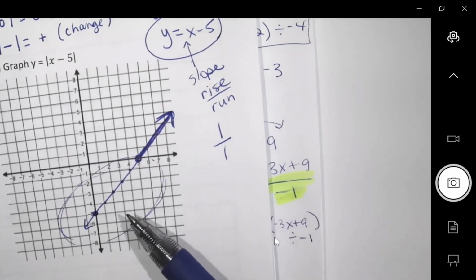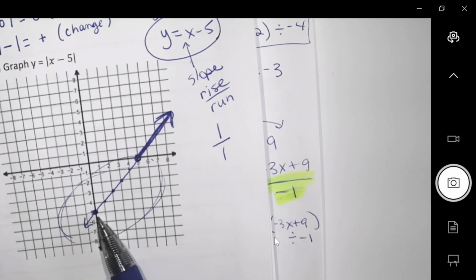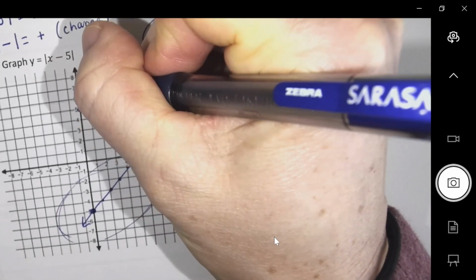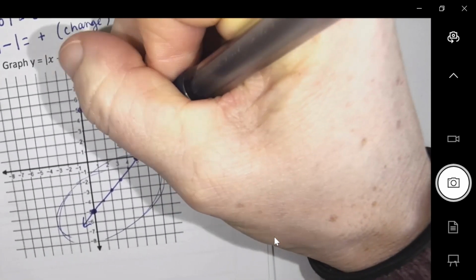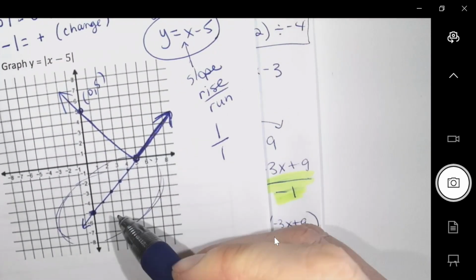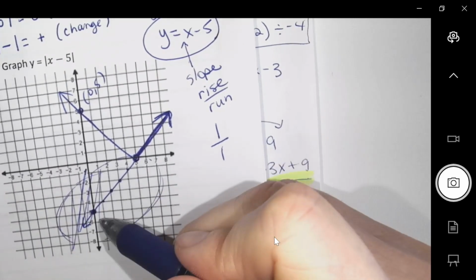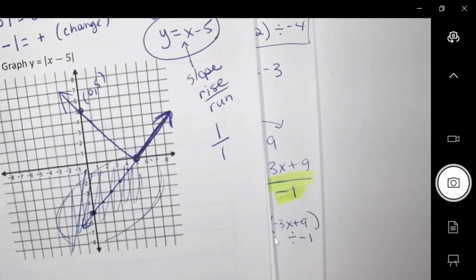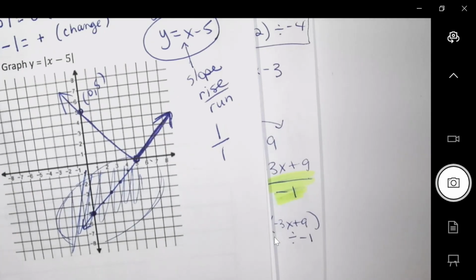So I'm probably just going to take this point, 0, -5, and then put it now at 0, +5, and the shape of my final graph will now kind of be a V. So I reflected that part.